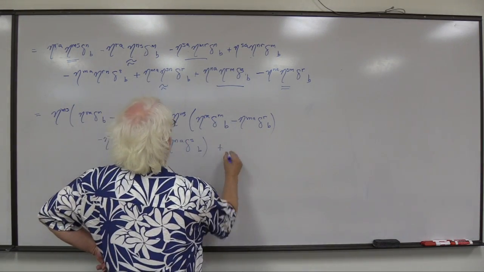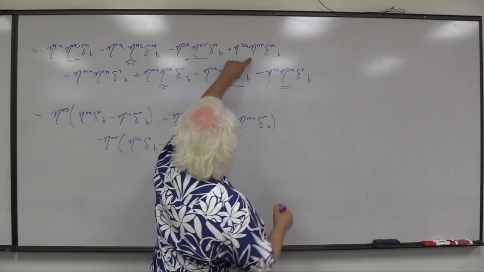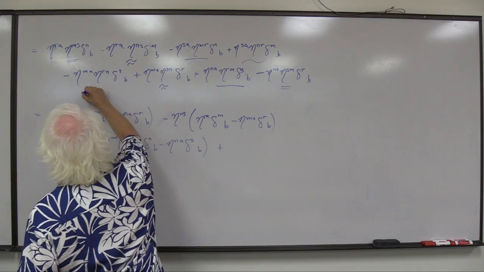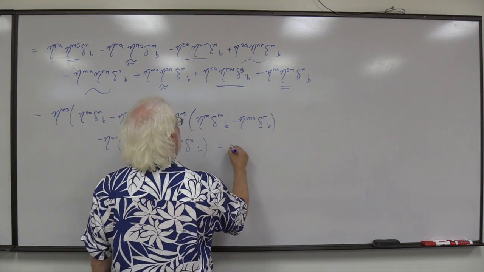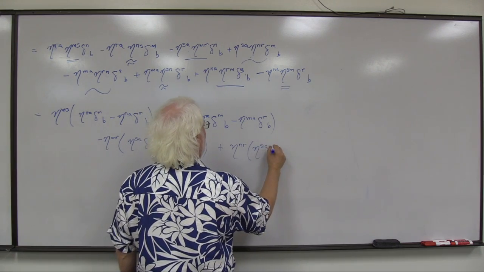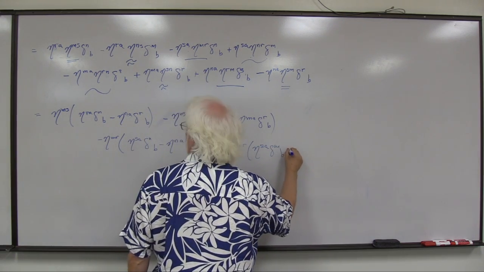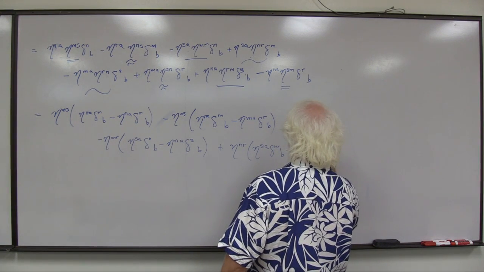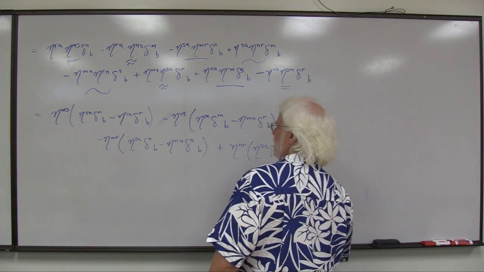And finally, I'm betting on a plus. The N R. So we've got all of that. So eta N R, eta S A delta M B minus eta M A delta S B. All right.